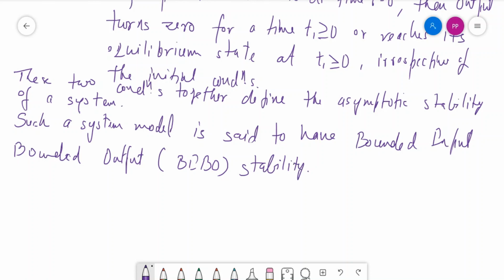So then we can say that stability of a system is defined with respect to certain parameters.